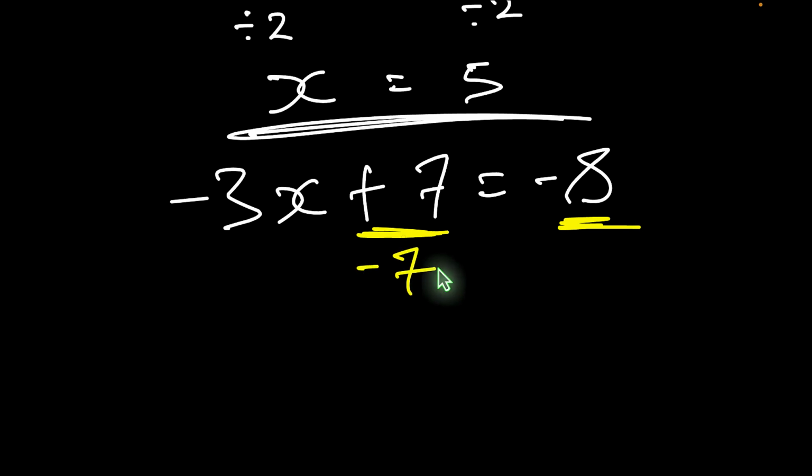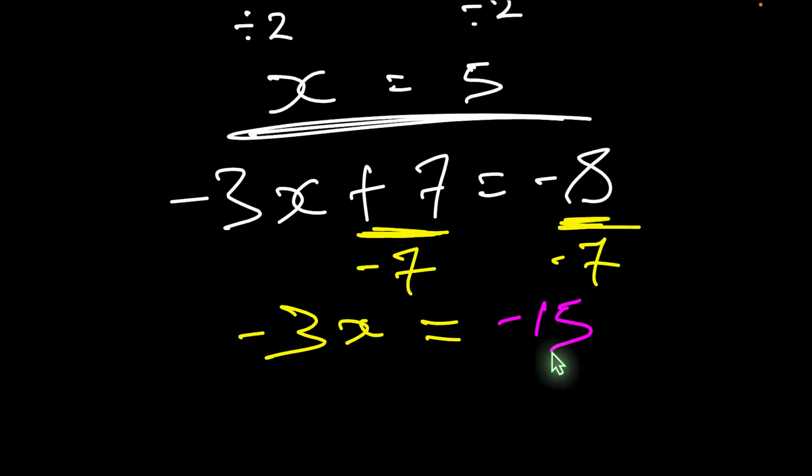So minus 7 there. And what we have left here is just negative 3x. And if we do negative 8 minus 7, that's going to leave us with negative 15. And don't worry if you don't understand how we get these bits yet, because I'm going to do a full series on that as well. So don't worry about it.